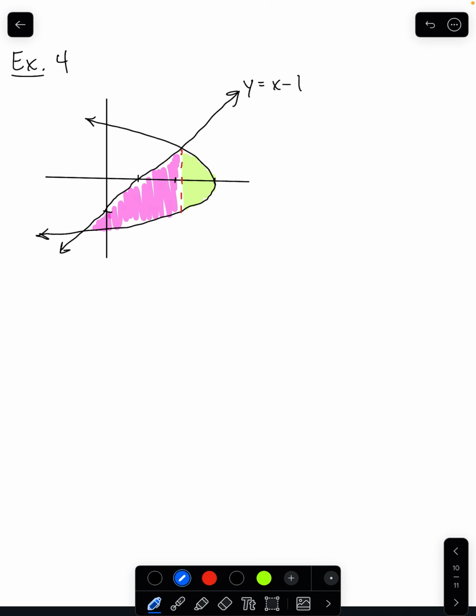And then we would have to separate this sideways parabola into one function of x up here, y equals the square root of negative x plus 3, and then a separate function down here, and things can get a little bit messy in order to do this.